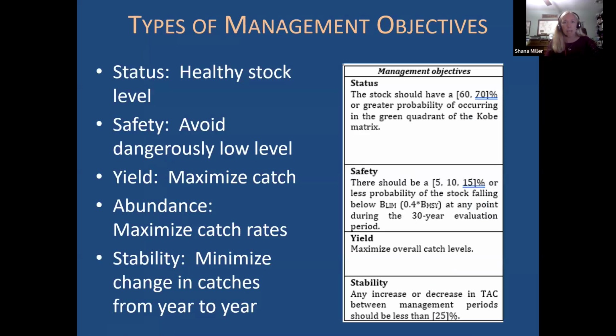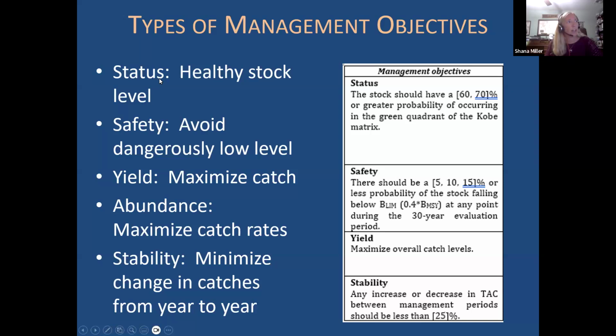So looking at management objectives, there are 5 main categories of management objectives that most international fisheries have been looking for. And on the right here, I won't read these, but on the right here are the management objectives that are currently under consideration for North Atlantic swordfish.